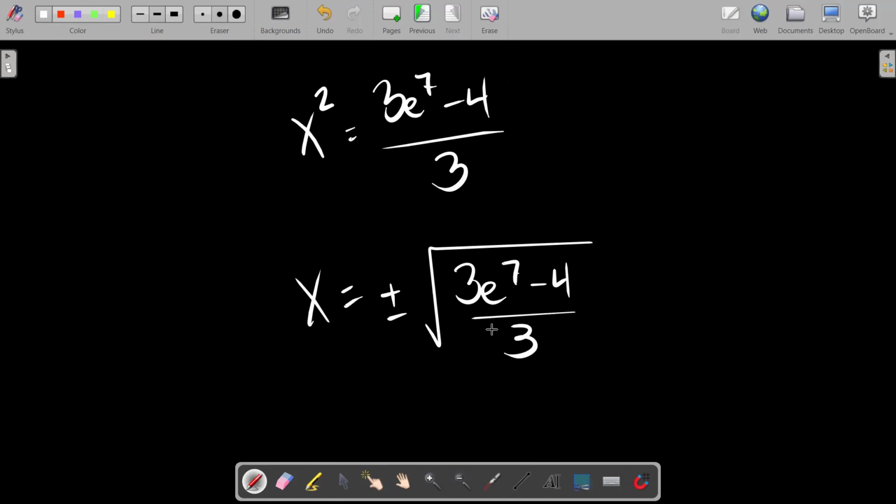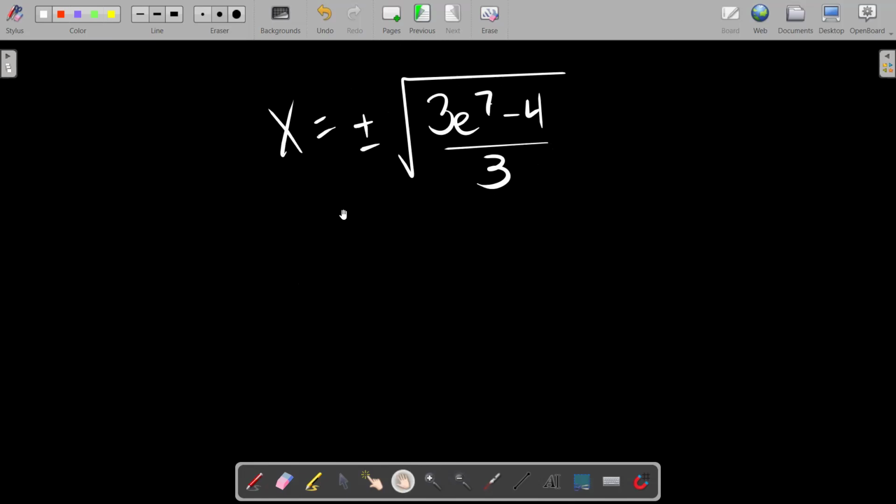So you can grab your calculator and let's start typing. When you hit the square root button on your calculator, it will say this. Almost all calculators have agreed upon that notation. So your calculator will say, okay, boss, square root of what? And what you want to do now is type in a new parenthesis here and put in your 3 e to the 7th minus 4.